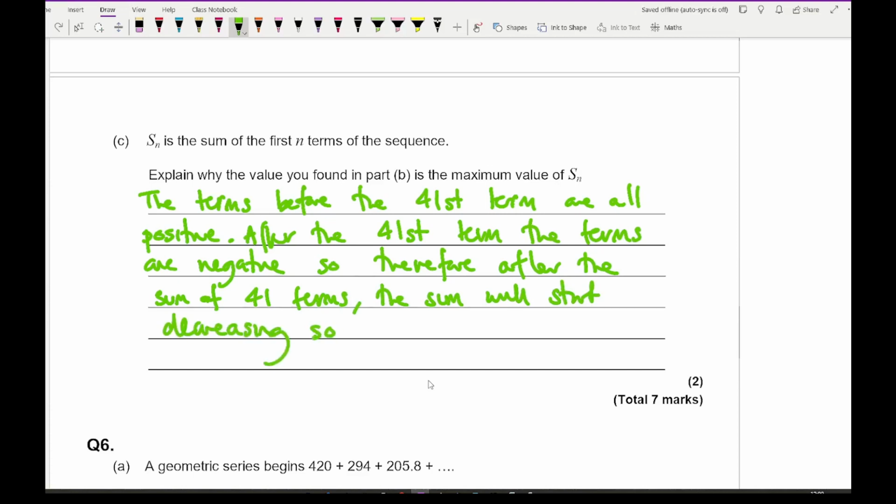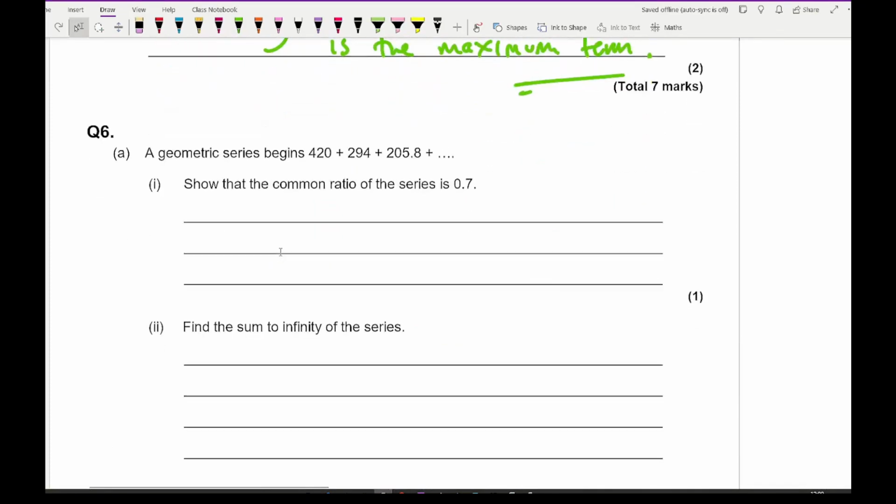So therefore, if I can spell it, the 41st term is the maximum value. And there we go. Now moving on to question 6, it says that a geometric series begins 420, 294 and 205.8.